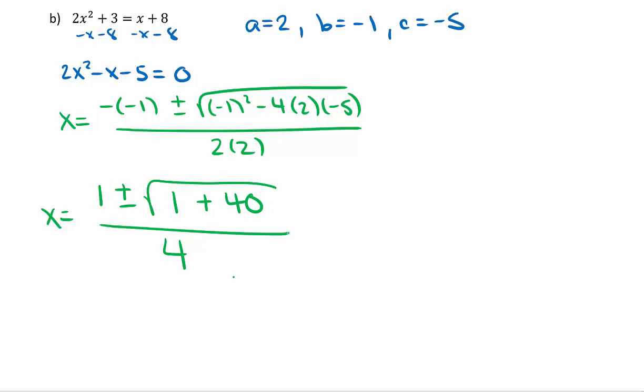And then once again, we have two negatives there. -4 times 2 times -5, that'll be a +40. And 2 times 2 is 4. So this becomes 1 plus or minus root 41 over 4. And that's it. We actually can't go any further with this problem. Root 41 is not a perfect square, so we can't combine any terms. And I'm just going to leave my answer like that.